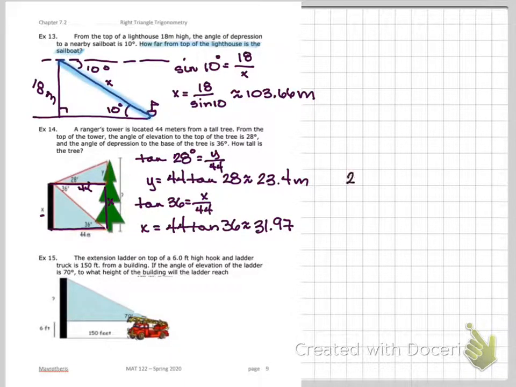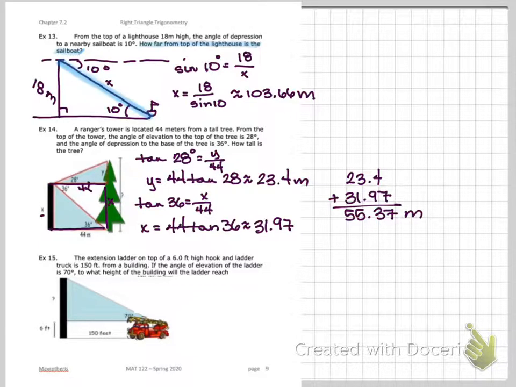When we add those together, we get a height on the tree that is 55.37 meters. Super tall tree.